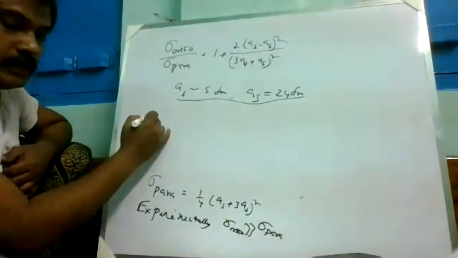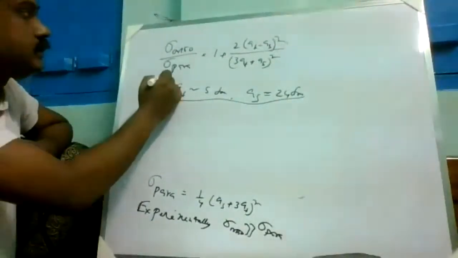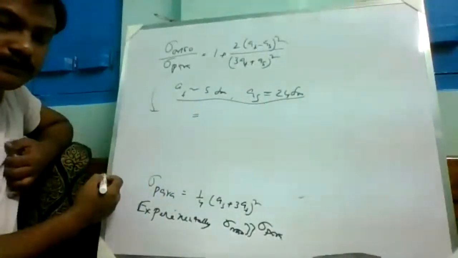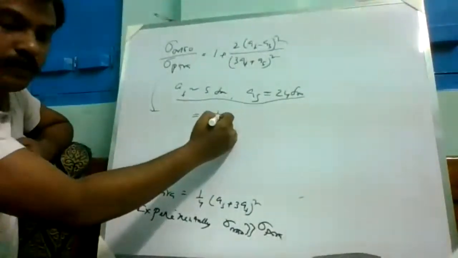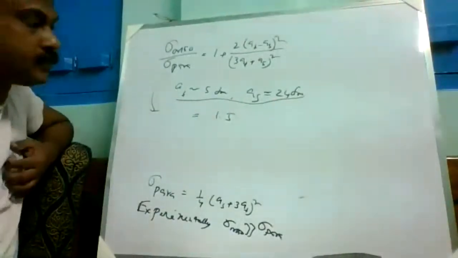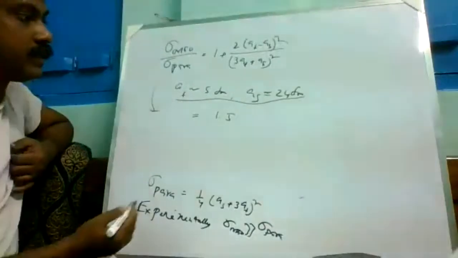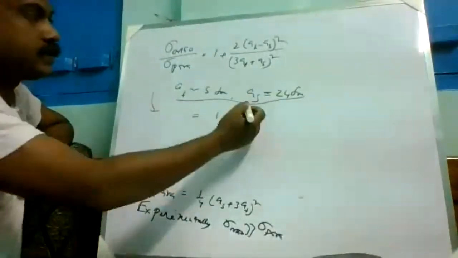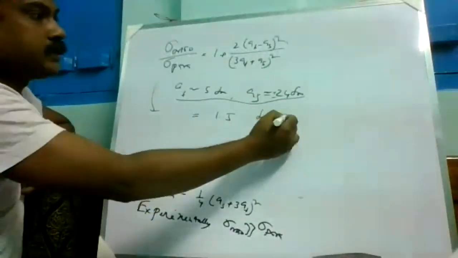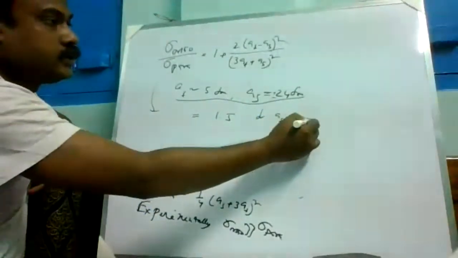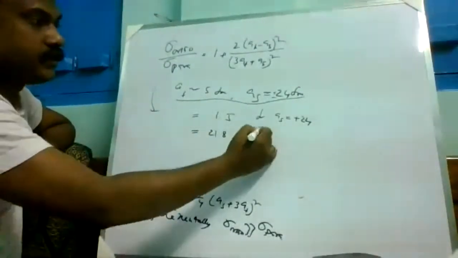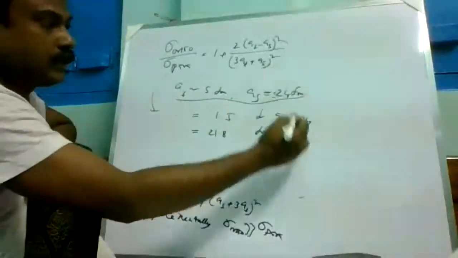we have this value comes out to be sigma ratio equal to 1.5, sorry, A has value plus and minus both, or A is equal to plus, this will be equal to 21.8 for A equal to minus 20.